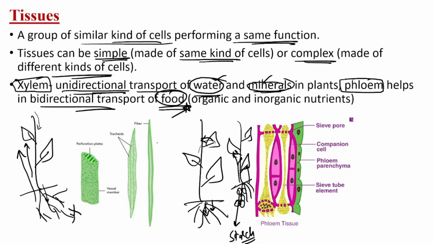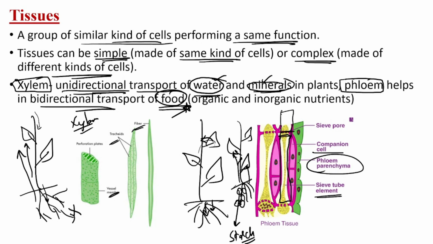Now, I told you xylem and phloem are complex tissues, that means they are made up of more than one kind of cell. Xylem is made up of vessels, tracheids, and fibers. Phloem is made up of phloem parenchyma, companion cells, and sieve tubes. Many sieve cells together make a sieve tube, and each sieve cell is connected through a sieve plate.